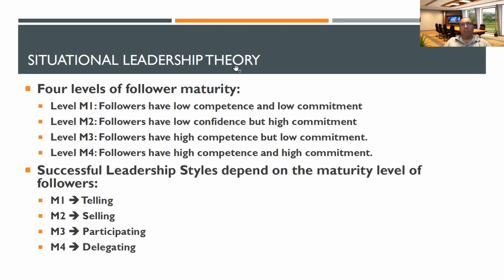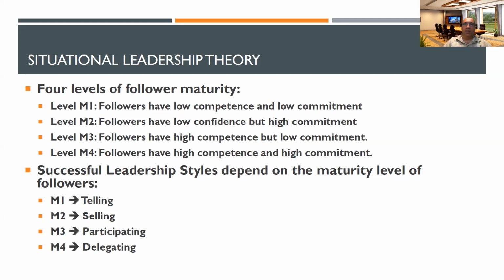Now they're saying that mainly people fall into one of those four categories, and based on that you need to use different leadership styles for the different maturity levels. M1 are those people who have low competence and low commitment. For them, usually the leaders will use telling.